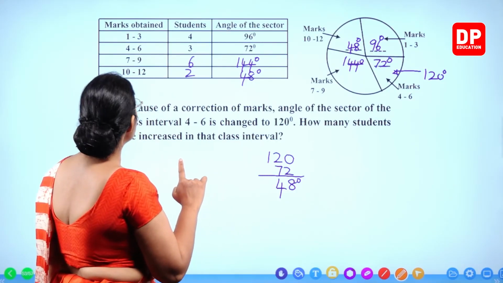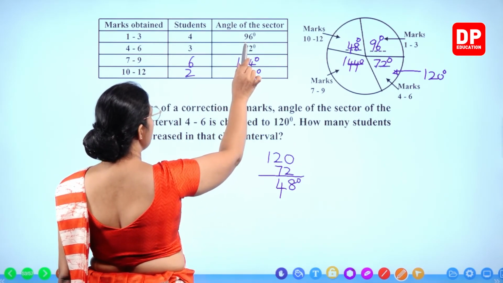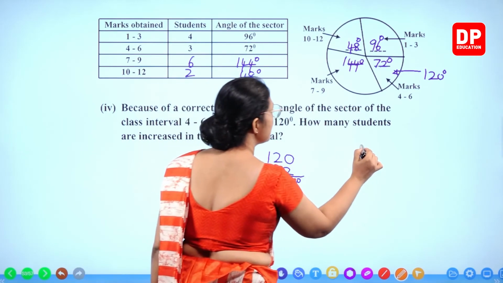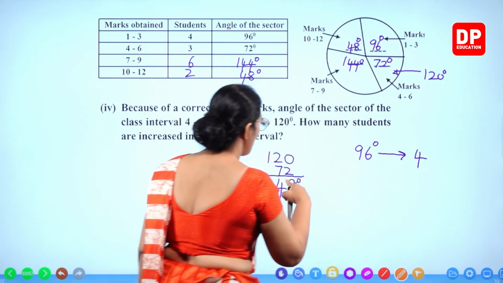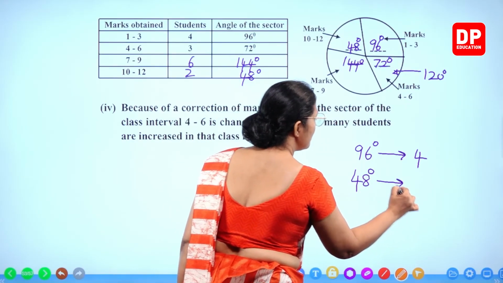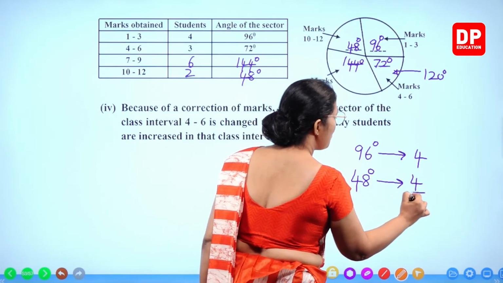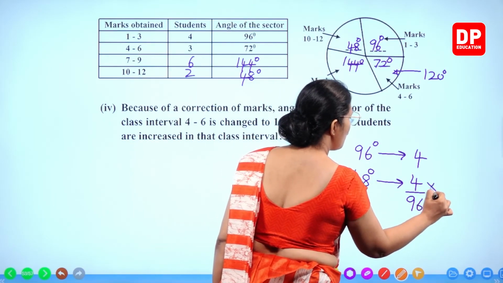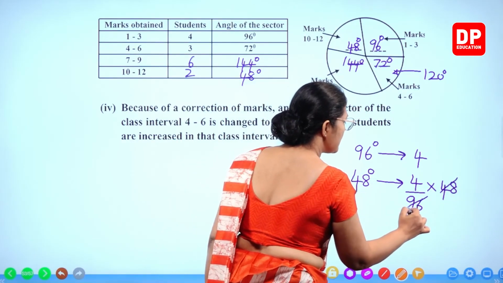So we can say, if you take the first one, 96 degrees means 4 students. So what about 48? That's the extra value, increased amount. 48 means 4 divided by 96 into 48. So this is 2 times this.